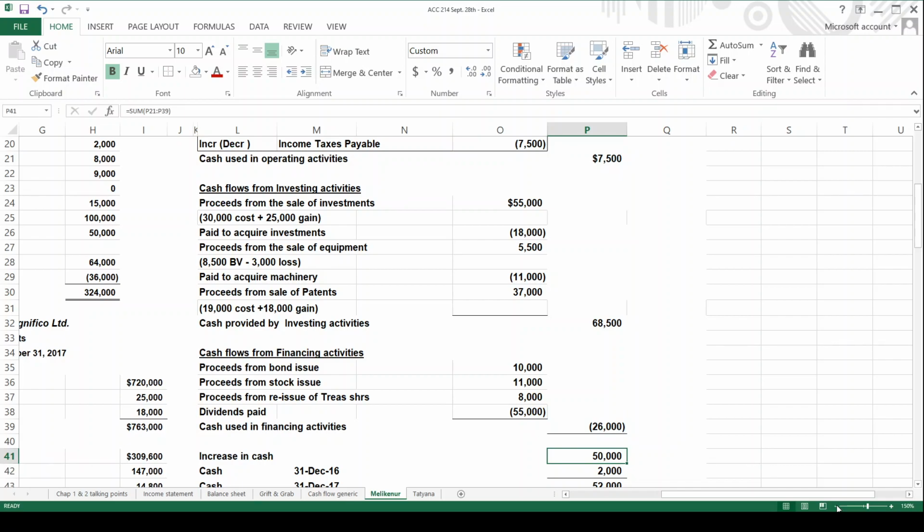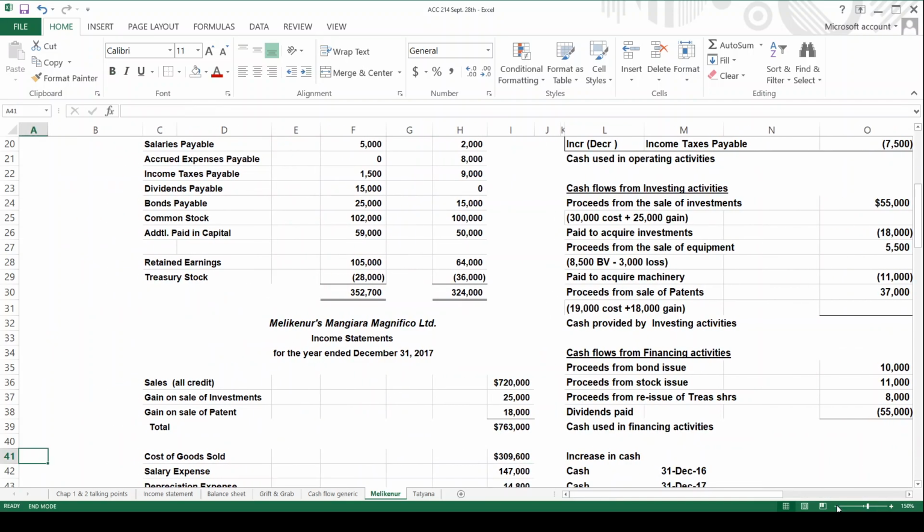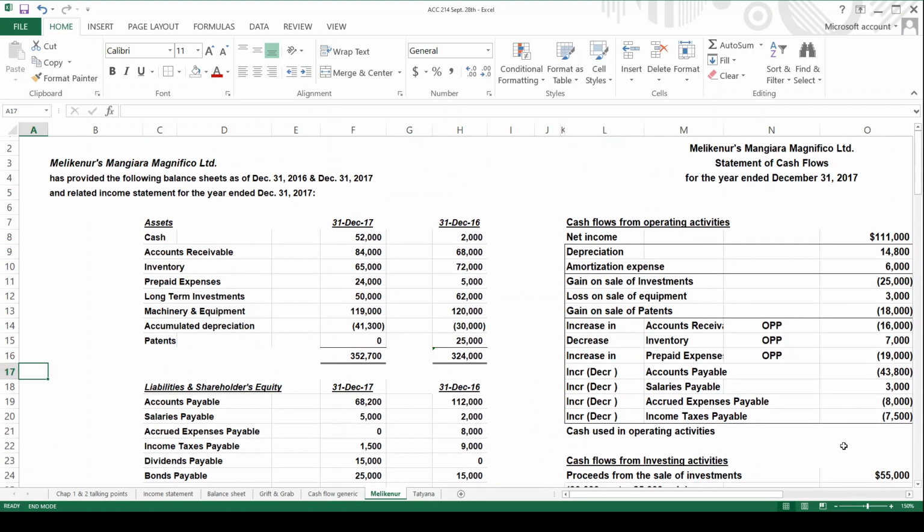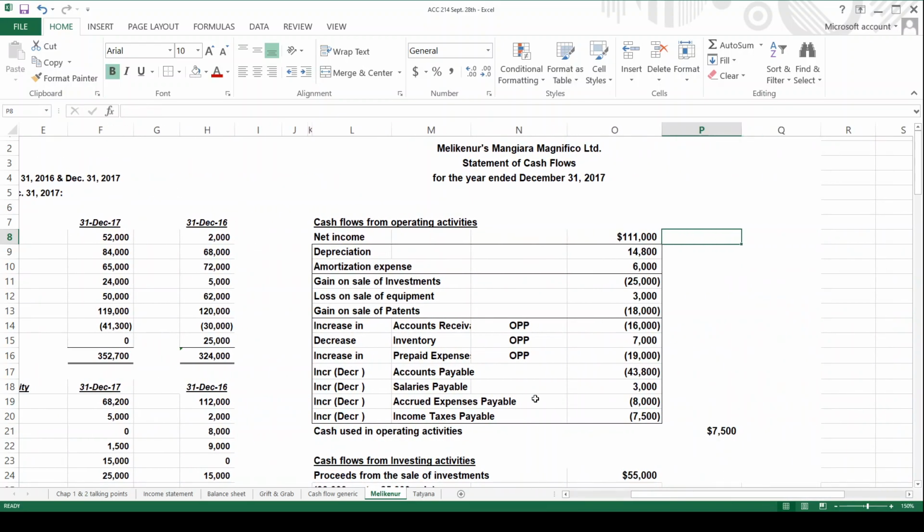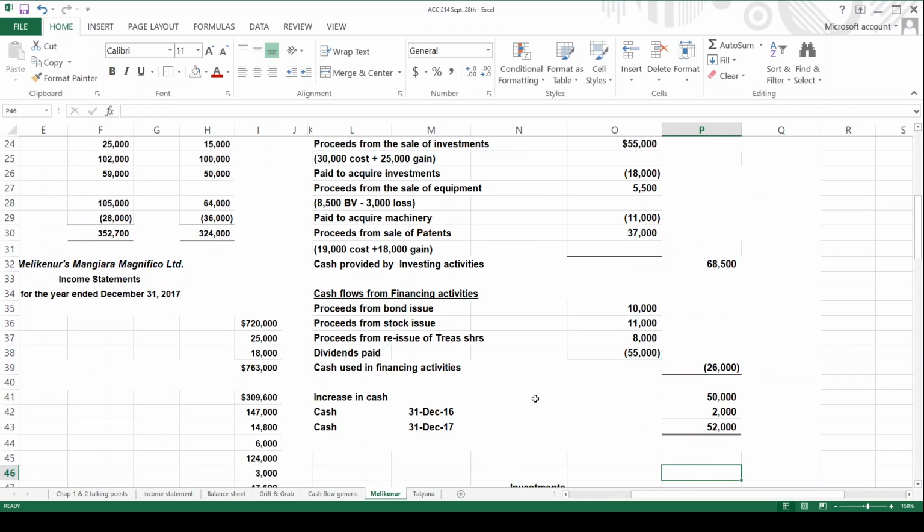Because that was the number we knew right off the bat. We were looking for a plus 50 and we found a plus 50. And that's a good thing, right? As Martha Stewart would say. And then we reconcile to the ending balance down here. And there you have it. Okay?